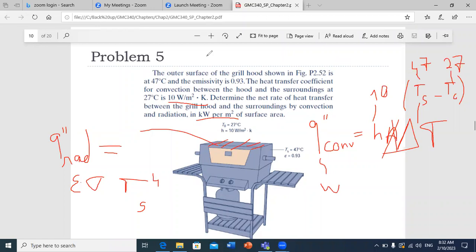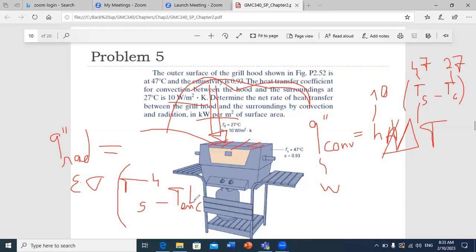Now, in case you have an enclosure, for example, you can have heat that is received by the surface by radiation, so you should account for the net flux. So let's say you have an enclosure, you should do here Q net is epsilon sigma TS to the power 4 minus T enclosure to the power 4.